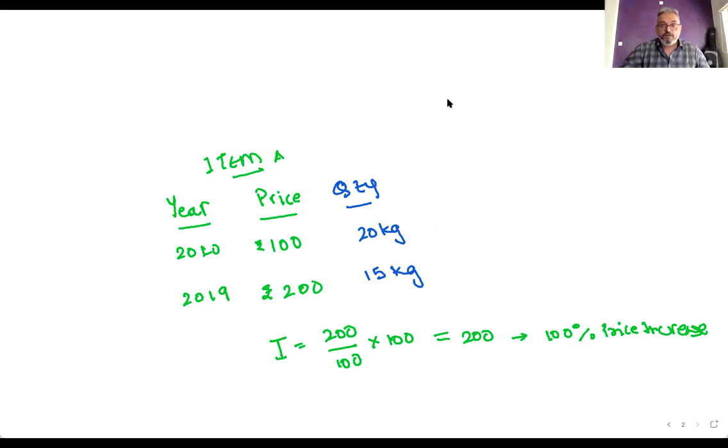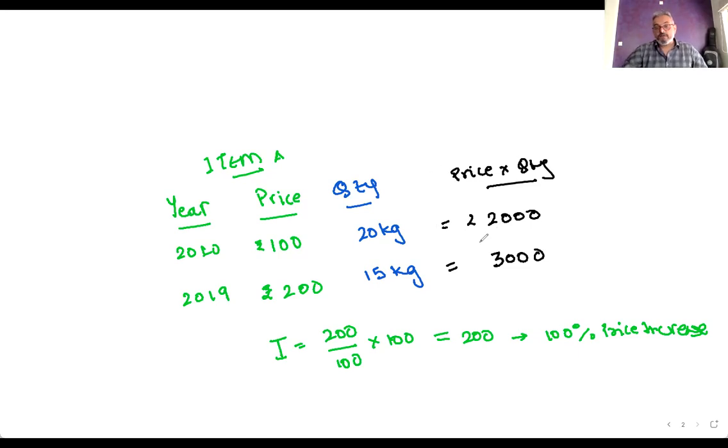My cost in 2010 was 20 kg into 100, which is price into quantity. So it comes to rupees 2000. And in the year 2019, the cost or the expense comes to rupees 3000.